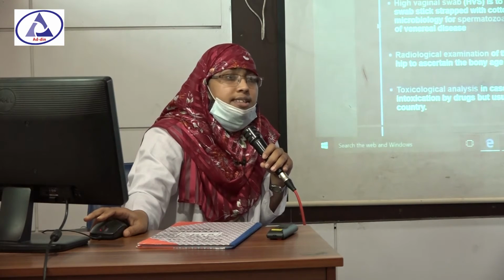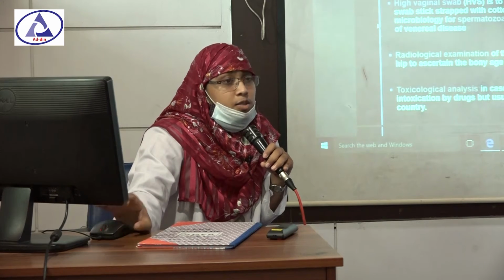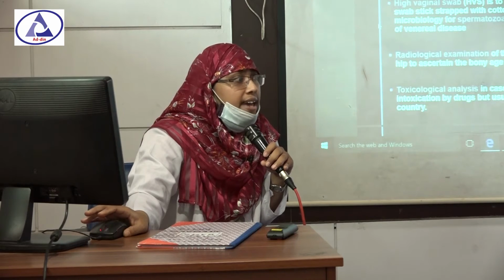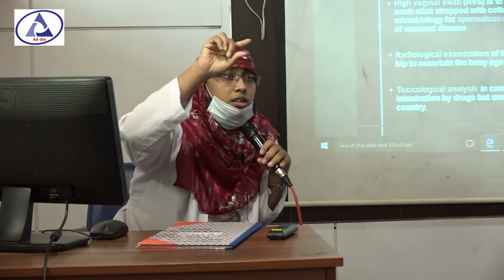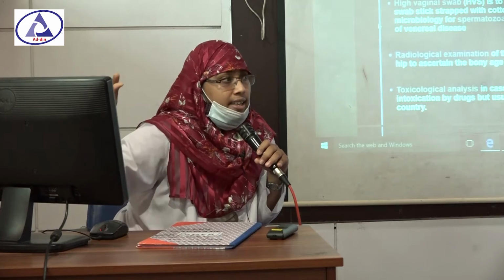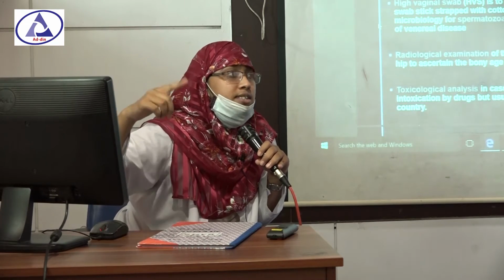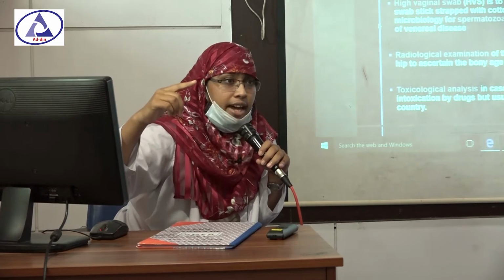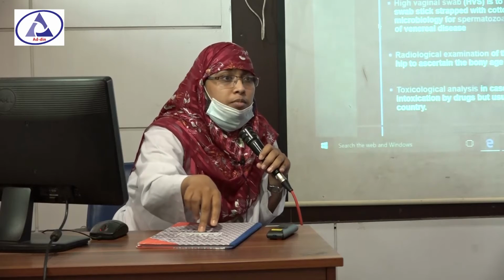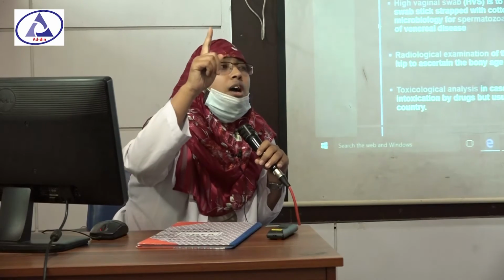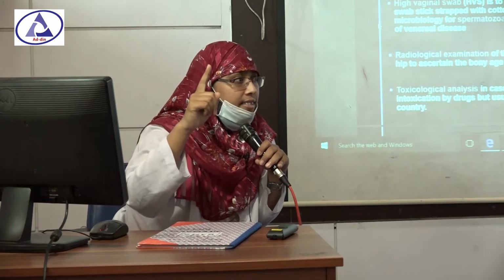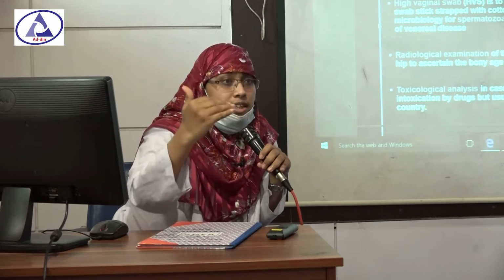You can say why it is high. You have learned the anatomy of the spermatozoa. What are the parts? Head, neck, body, tail. And what is the purpose of the tail? Motility, right? So the spermatozoa move upward through the tail, so they will not be confined to the lower part.